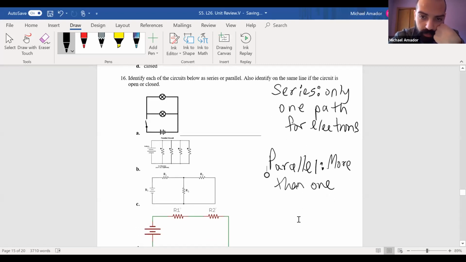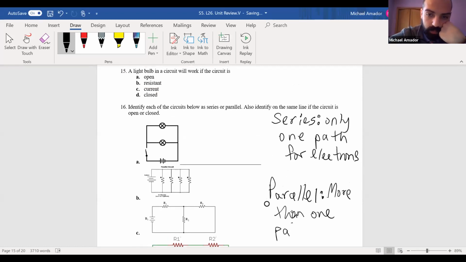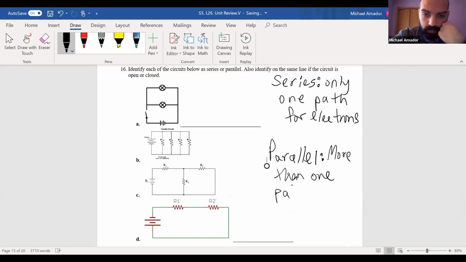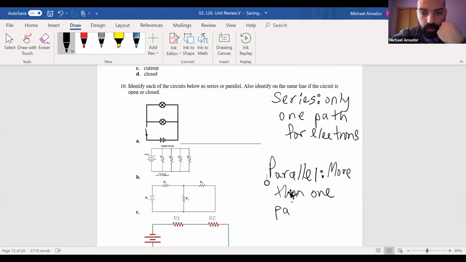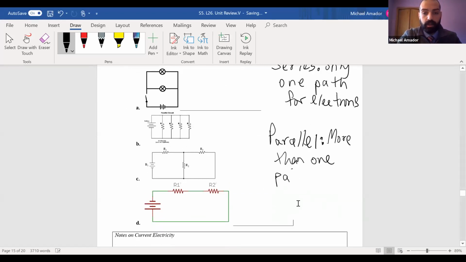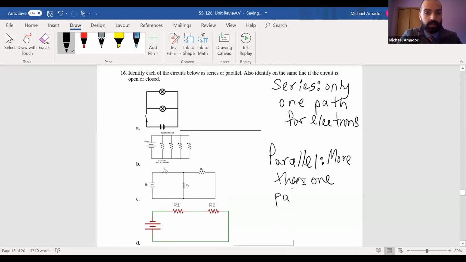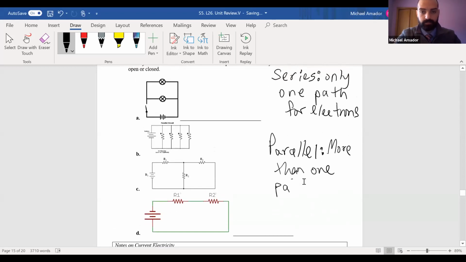So with that reminder on your screens, go ahead and answer 15 and 16. Make sure you do 16 A, B, C, and D.